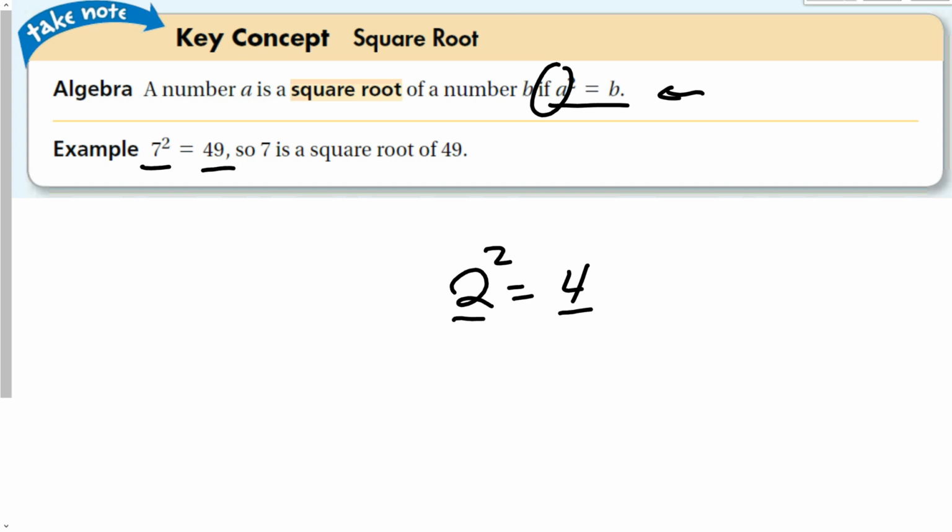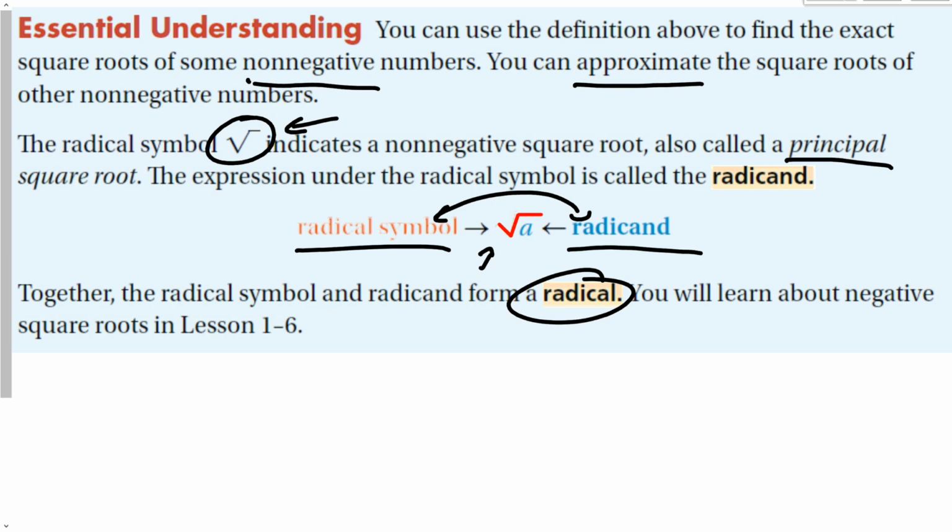There are other types of radicals, and I'm not sure if we'll get there in this class, but you'll definitely get that in Algebra 2, maybe even a little geometry too. We will learn about negative square roots in 1-6, and we'll talk about that then.